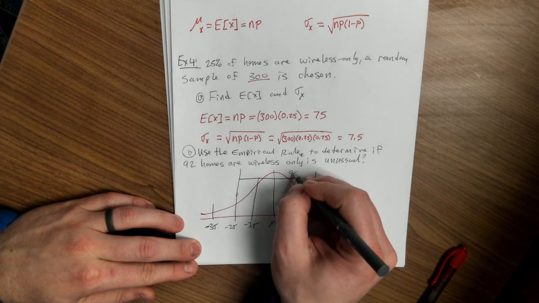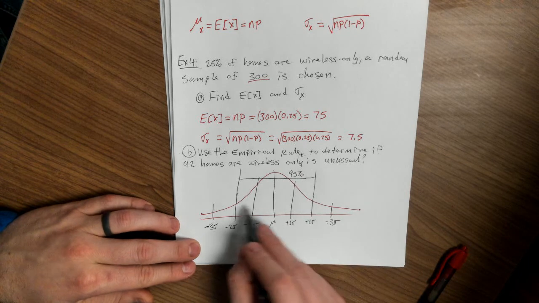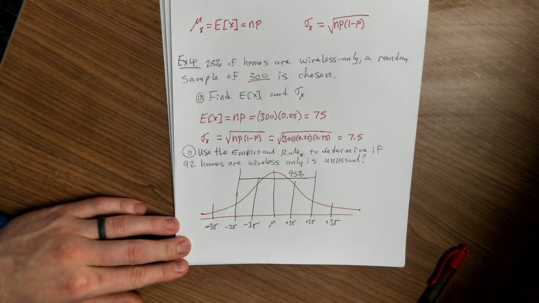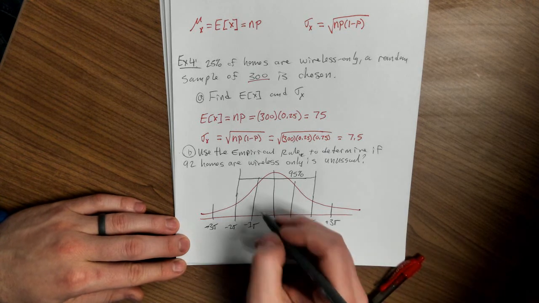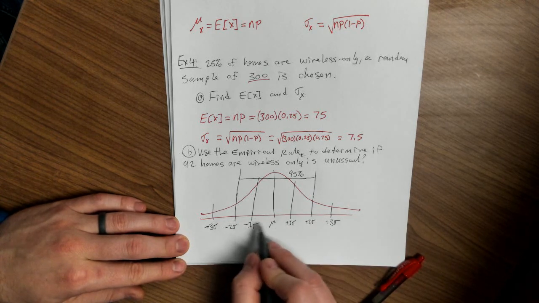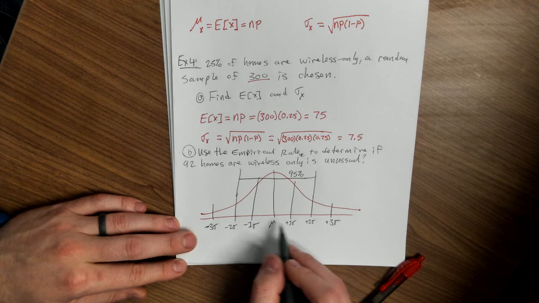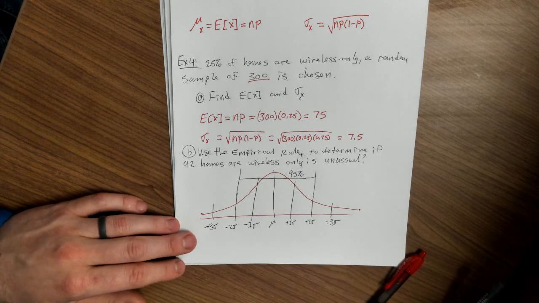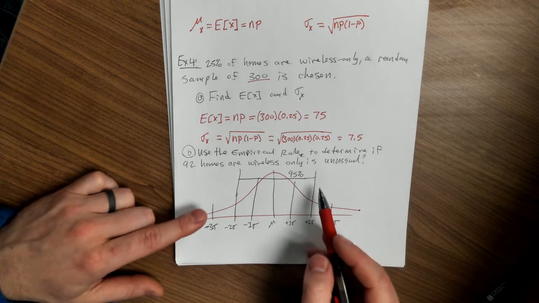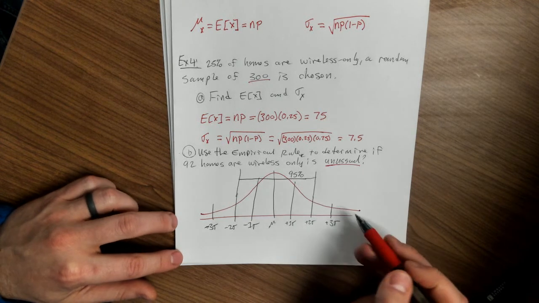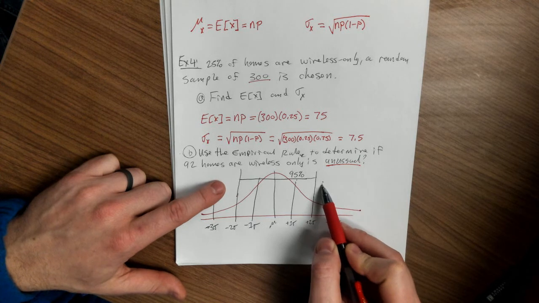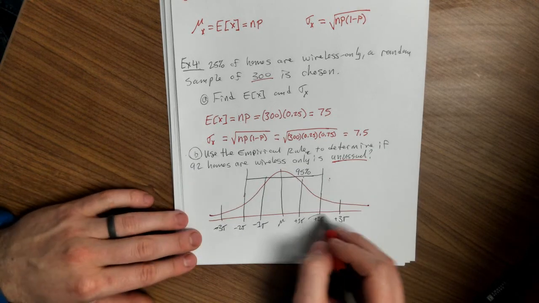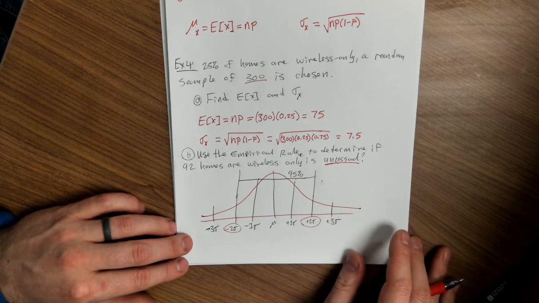Remember, 95% of observations lie between plus or minus 2 standard deviations. And if you want, between plus or minus 1 standard deviation is 68%, then out here is 99.7%. But what we care about is if something is unusual, if it lies outside of this 95% range, or outside of 2 standard deviations.